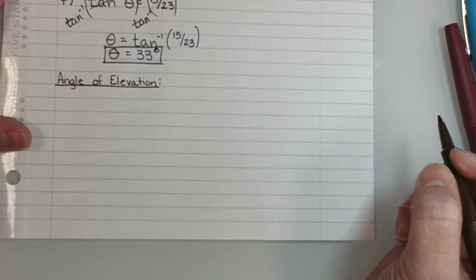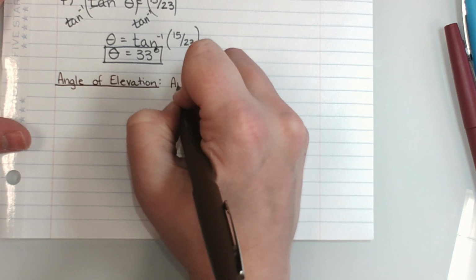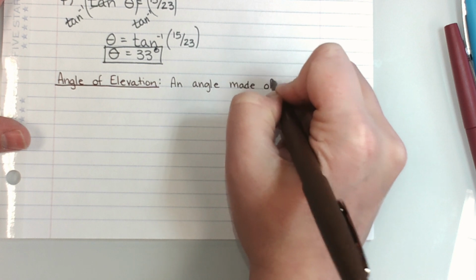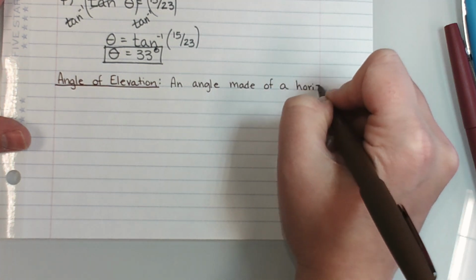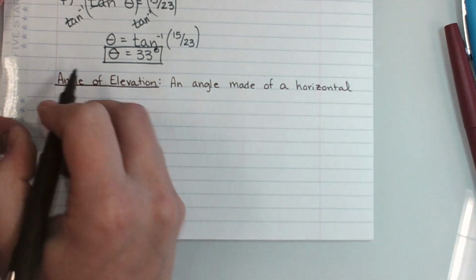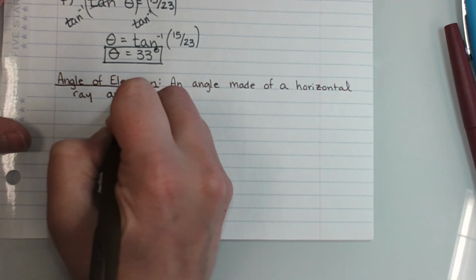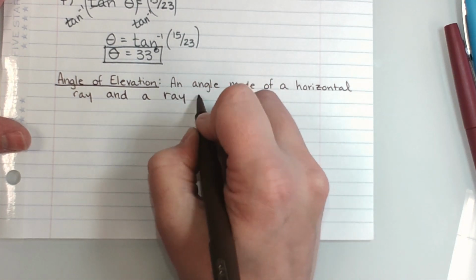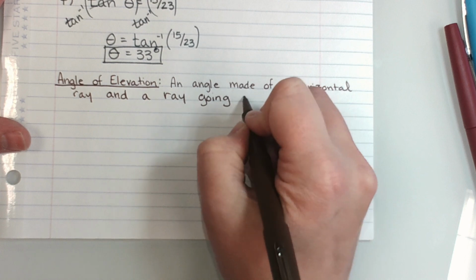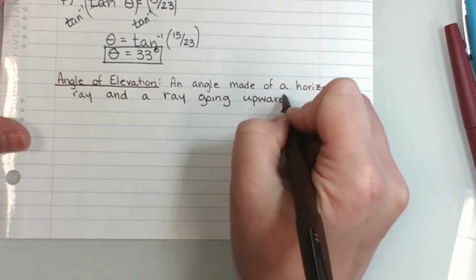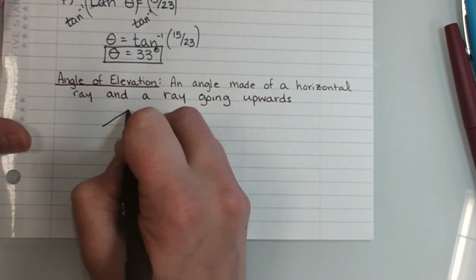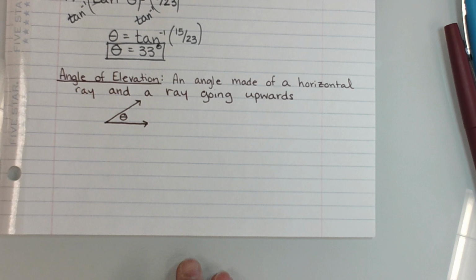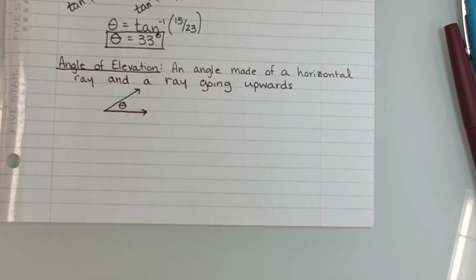An angle of elevation is an angle made of a horizontal ray, technically, and a ray going upwards from it. Looks something like that. Horizontal, upwards.